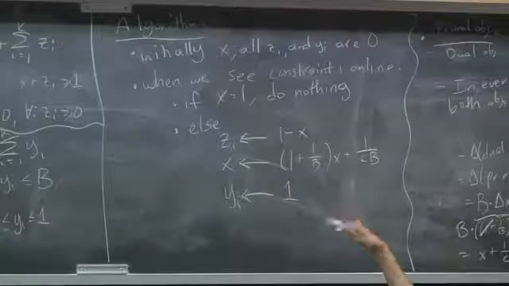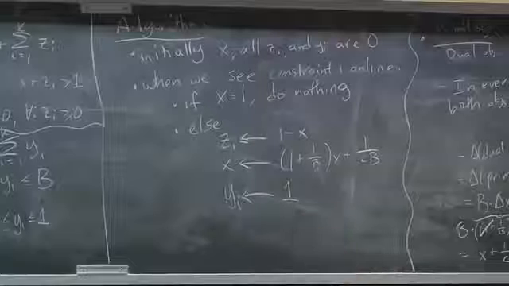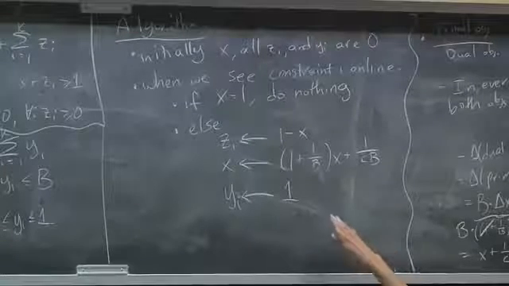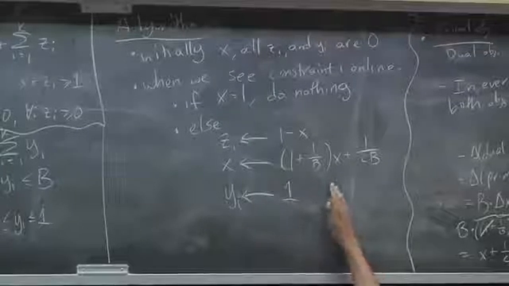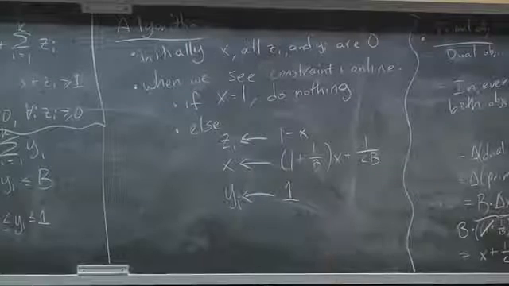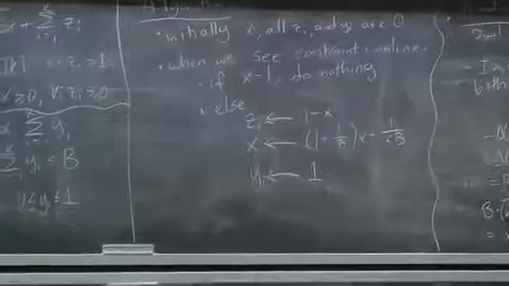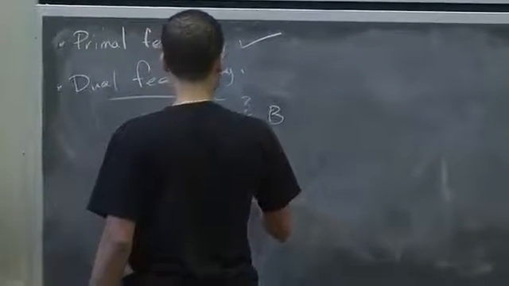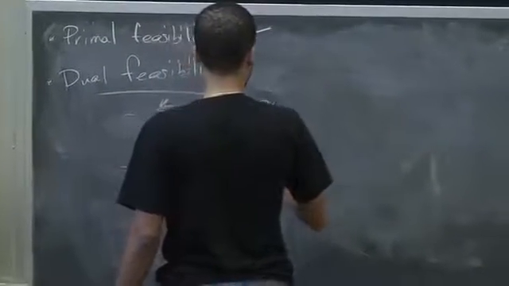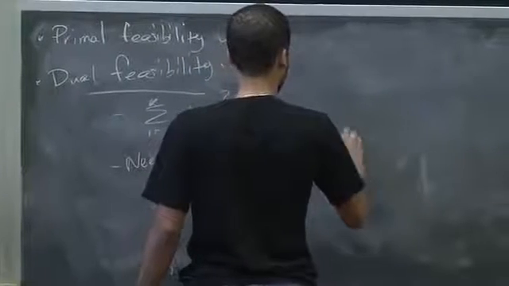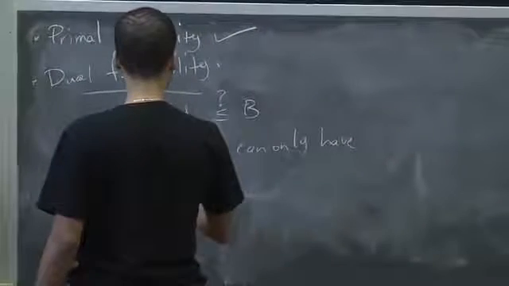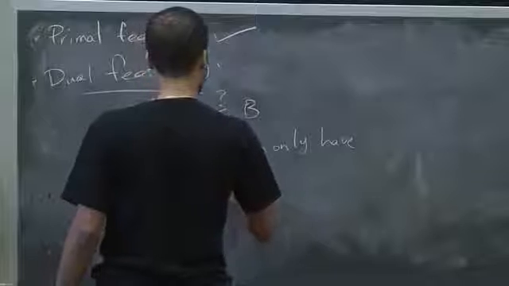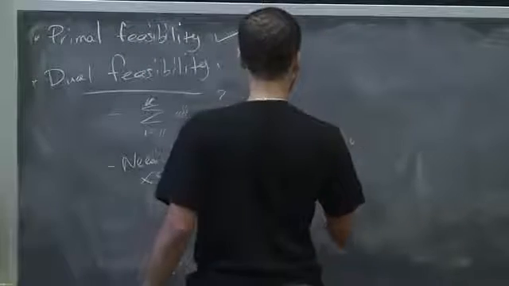Right? Once x is 1, we don't do this else condition. So we just need to make sure that we can only be in this else clause b times. We need to show we can only have x less than 1 at most b times.